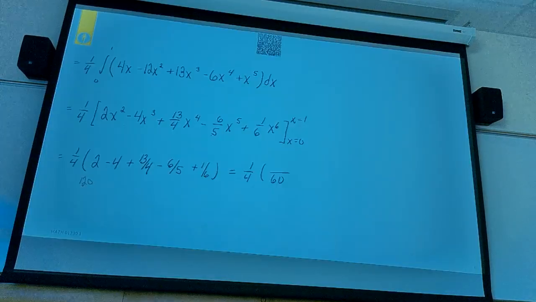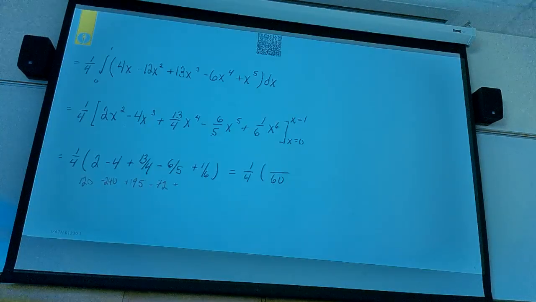And so that's going to be 120 minus 240. And that's what, 13 times 15? 150, 45, 195. That's going to be 12, so 72.